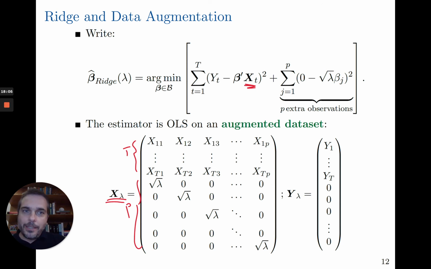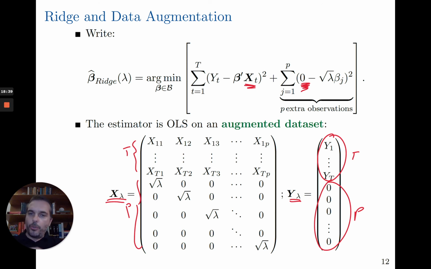Because you see, here is a square root lambda for variable j, for observation t plus j, and 0 all over. So that's exactly what we're having here, and it defines the capital Y lambda: our first t observations, and here our p observations, a bunch of zeros.